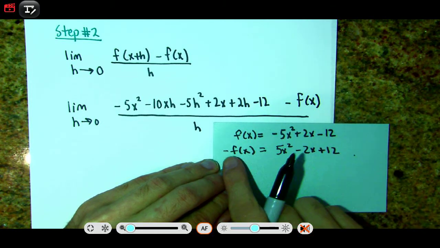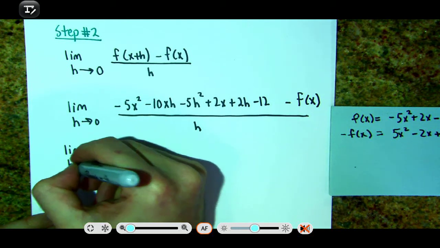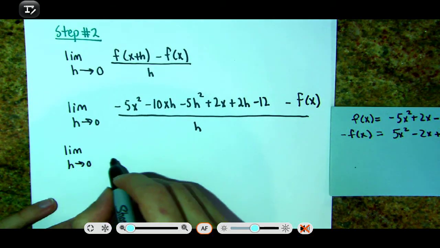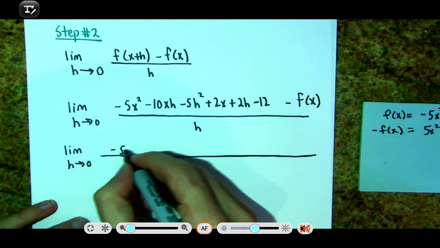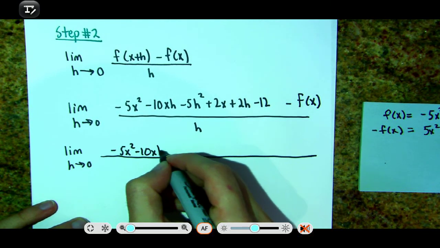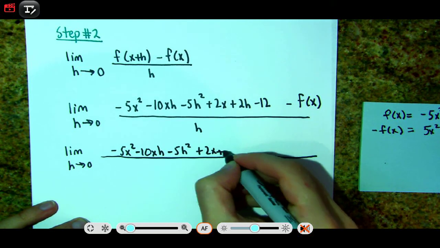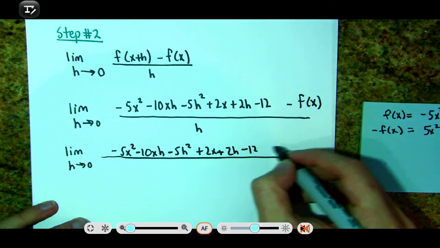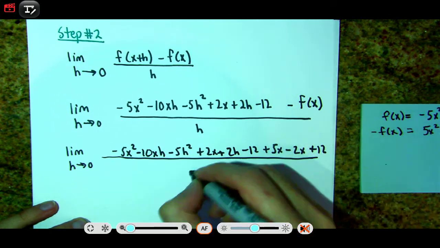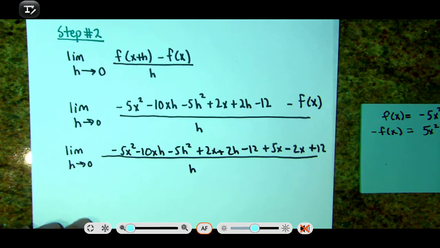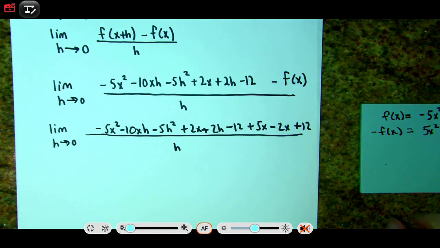So now we have the limit as h approaches 0 of this whole thing: negative 5x squared minus 10xh minus 5h squared plus 2x plus 2h minus 12 plus 5x squared minus 2x plus 12, all over h. Okay, good. Now, how do we continue forward? What are you thinking?